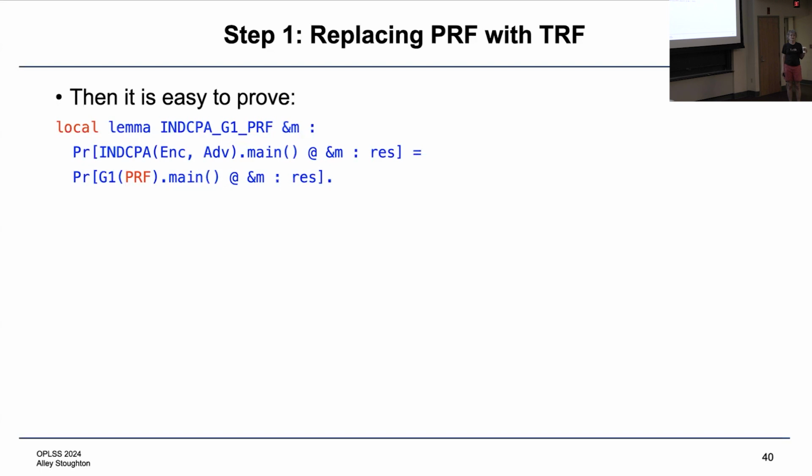Just a quick question. When we instantiate G1 with the pseudo-random function, is it trivial for EasyCrypt to prove that our additional instrumentation doesn't give the adversary more capabilities? Or is it something we have to do manually? Yeah, I should have said, these are highly manual proofs, but on the other hand, that's a very easy proof to do.